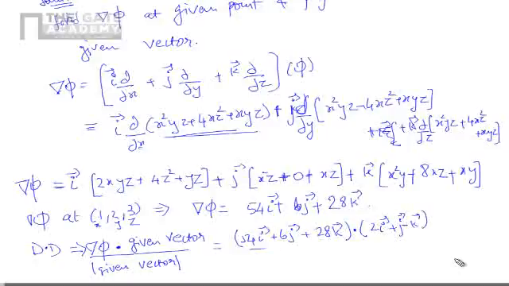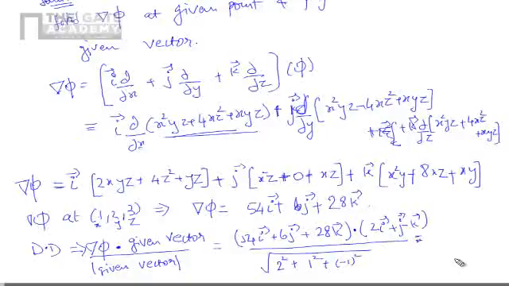How will you calculate the mod of a vector? It's nothing but the square root of the component along i square plus the component along j square plus the component along k square. So that is nothing but 2 square plus 1 square plus minus 1 the whole square.